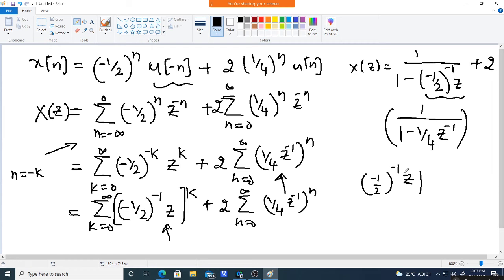If you take the magnitude of this alpha value, that should be less than 1. So if you take this value to this side, what will happen? Now you can see minus half power minus 1, we can write this as z divided by minus 1 by half, which should be less than 1, or z should be less than minus half.